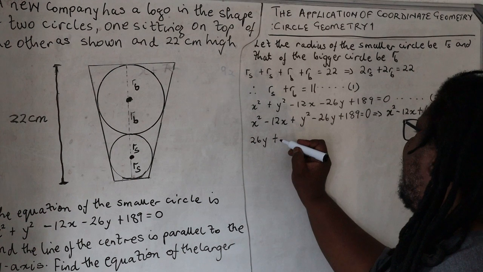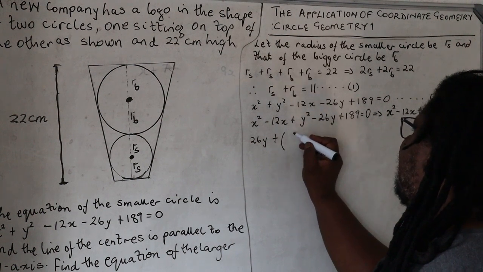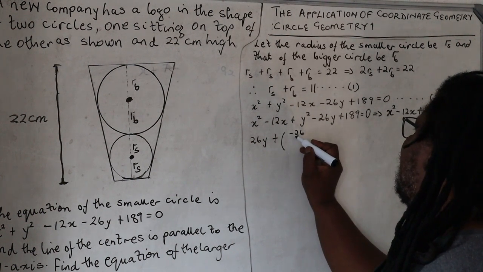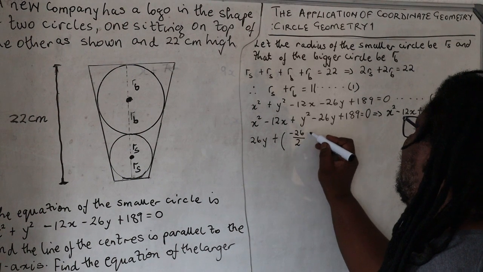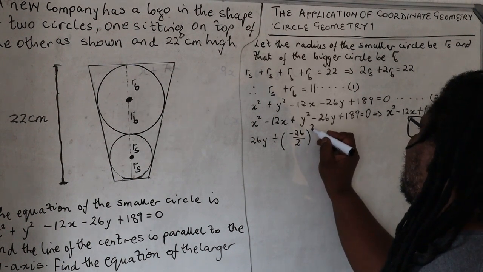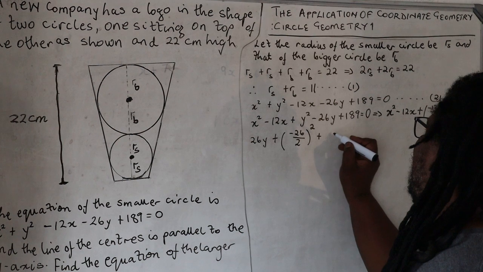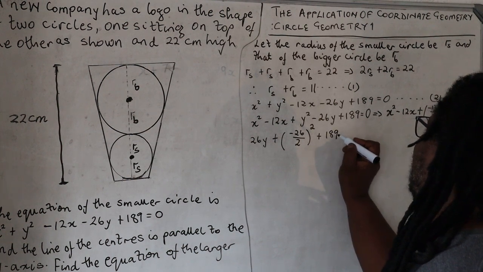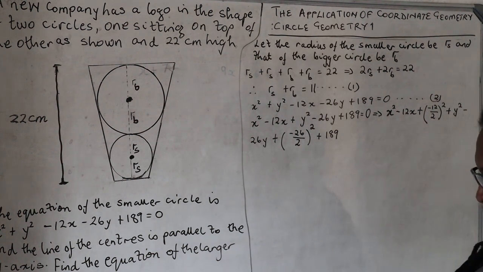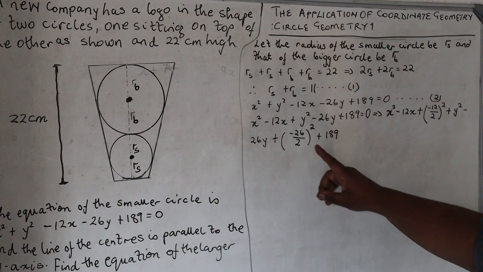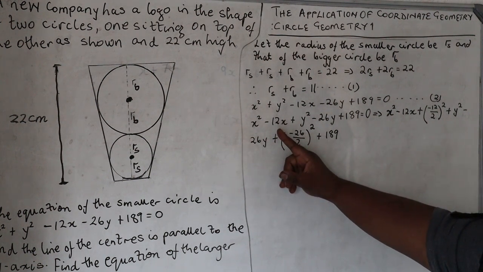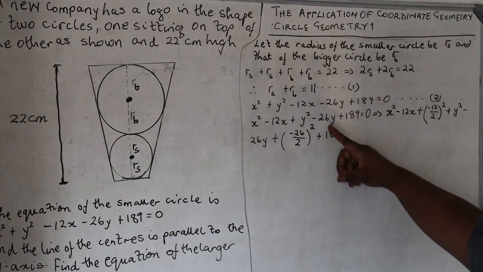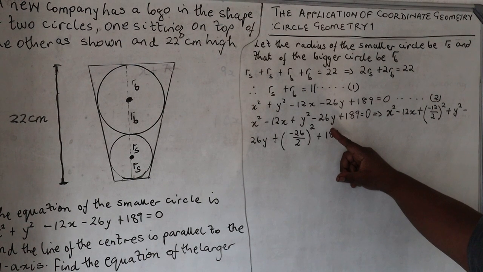So we can say plus bracket minus 26 over 2 bracket squared plus 189. And you have to realize that here we have added the coefficient of x divided by 2 and squared, and also added the coefficient of y divided by 2 squared.